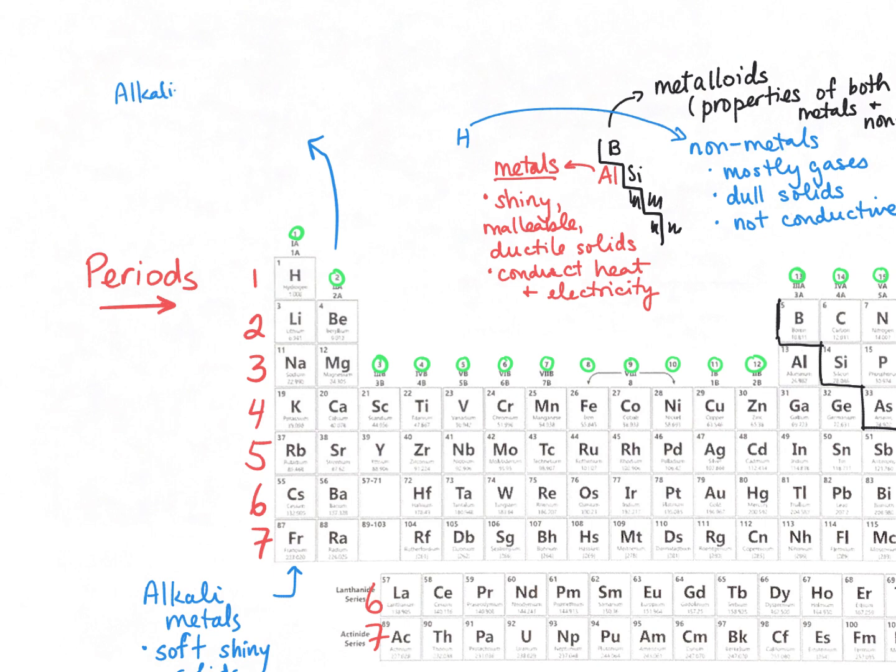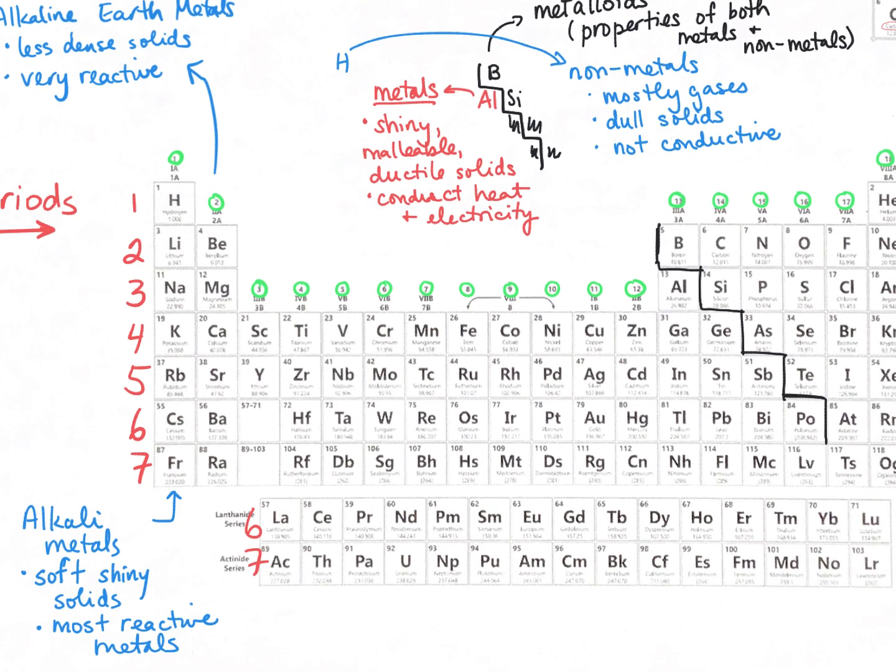They are called the alkaline earth metals. Alkaline earth metals are less dense solids as a group, and they are still very reactive. They're not the most reactive metals, but they're still very reactive.